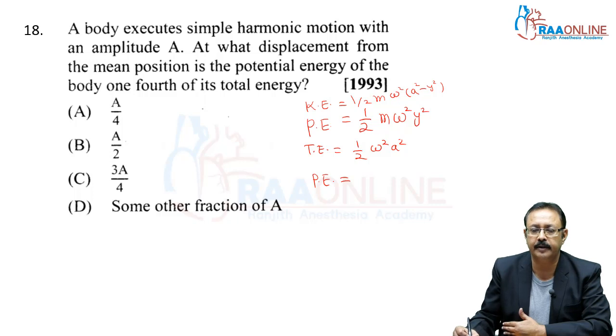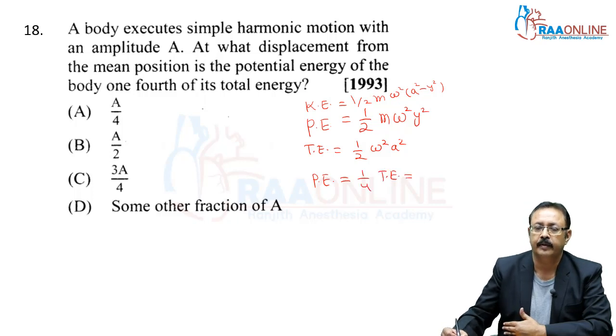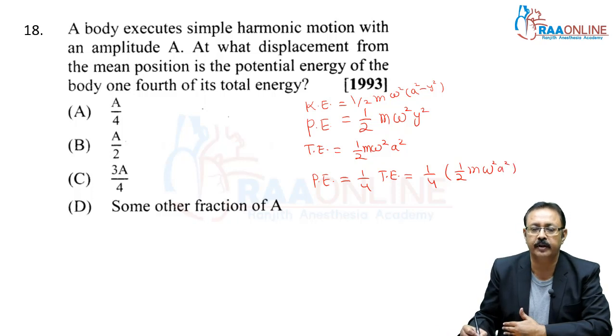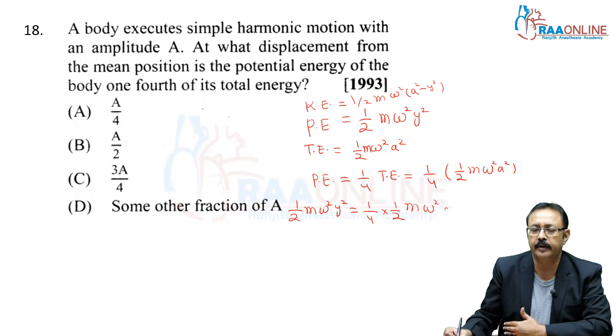Means potential energy should be 1/4 of half m omega square a square. The formula for potential energy is half m omega square y square, so it should be equal to 1/4 times 1/2 m omega square a square.